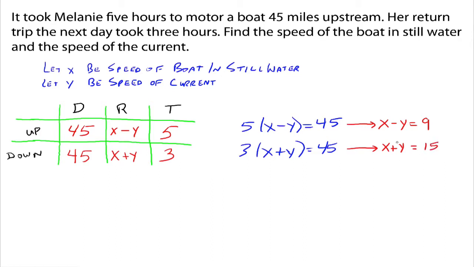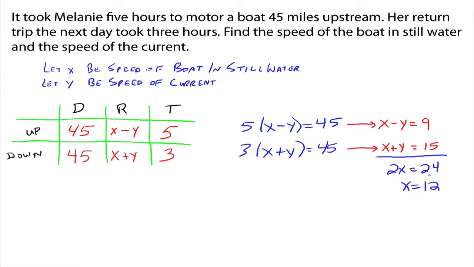And this is our nice little system that we have to solve for x and y, right? And everybody see that we can just add them up right away, right? And the y's are going to go away. So we get 2x is equal to 24. So x is equal to 12.